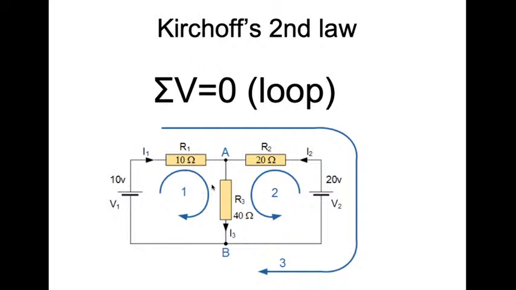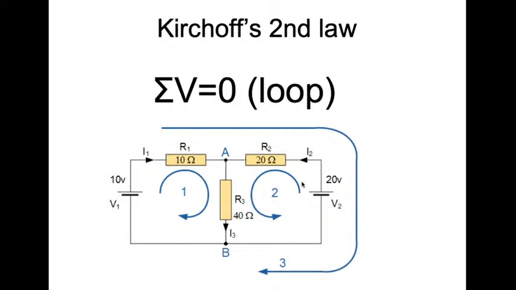I guess I'll just point this out now because it's going to become very important later. When you're drawing in your loops, you have to make sure that you're not drawing them conflicting with each other or battling against each other. They always need to be in the same direction at the same component of the circuit, which can be a little bit of a difficulty starting out. What I mean is when we're looking at circuit 1 here, or loop 1, right, it's going to have electrons come here, travel down, come back.